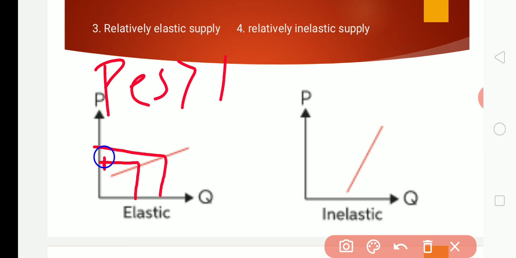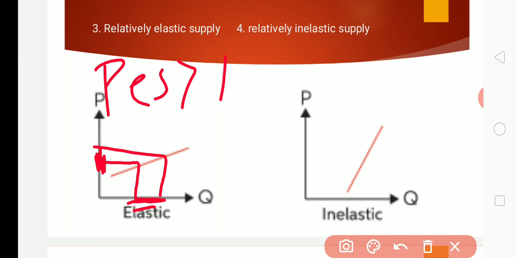A small change only happens in the price, but see how much the quantity supplied has increased. Due to this we say the price elasticity of supply is greater than 1. So we call this relatively elastic supply.